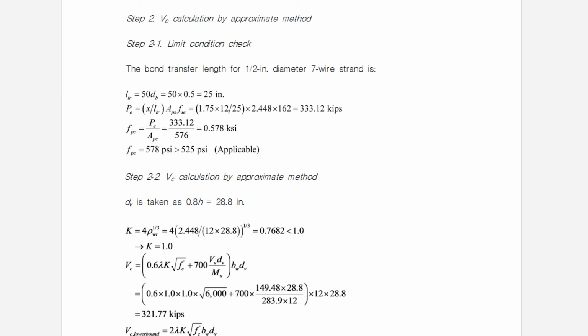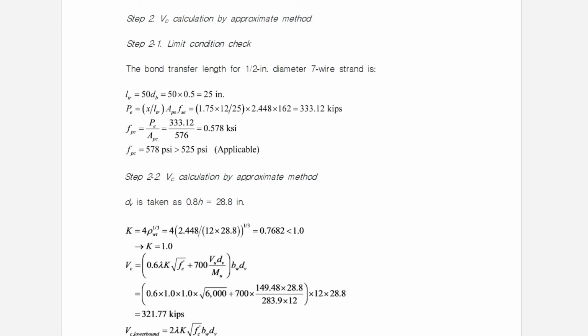So let's check whether we can use the approximate method. Transfer length is a function of the diameter of the strand, and it's approximated as 50 times db. So the total transfer length of the half-inch diameter strand is 25 inches.